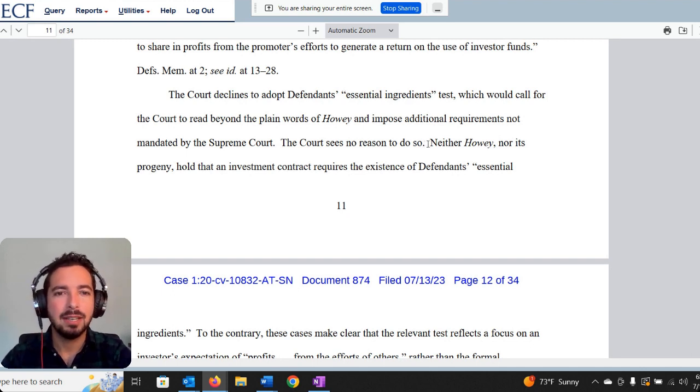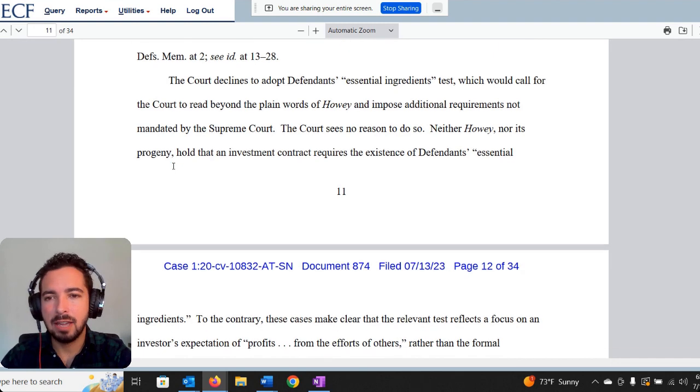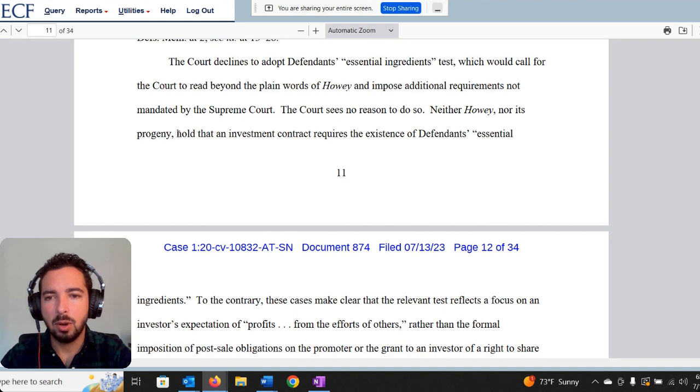Sorry, Ripple. And she says, neither Howey nor its progeny, which means the cases after Howey that interpret or apply Howey in very famous ways, hold that an investment contract requires the existence of defendant's essential ingredients.